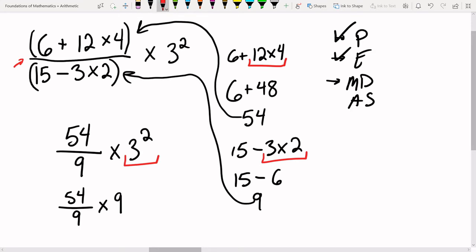And now you see that we do actually have two things. We have a division right here and a multiplication right here. We always work left to right when we have multiple of the same, multiplication, division, or addition and subtraction. We always work left to right. The first thing we're going to do is this 54 divided by 9. 54 divided by 9 is 6.